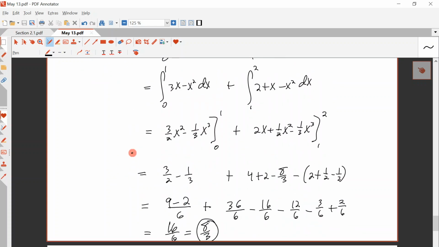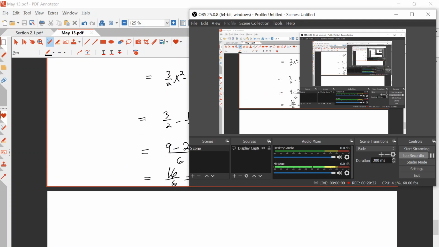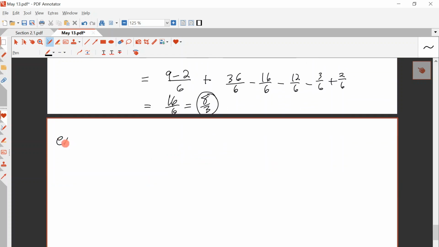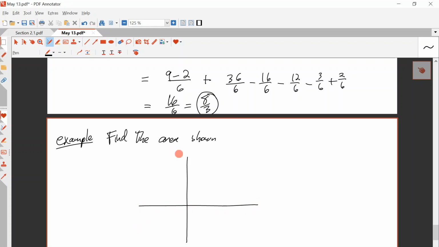Okay, one more example. How much time we got here? Last example. Find the area shown. So here is the curve.